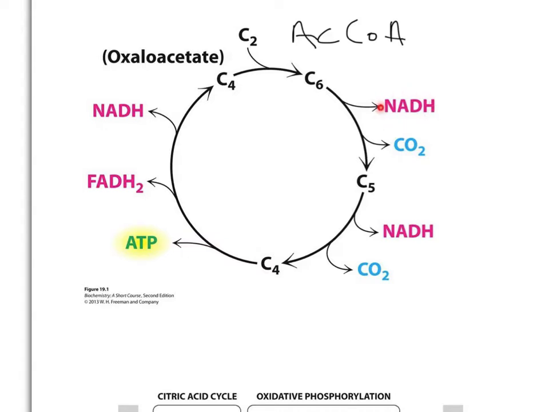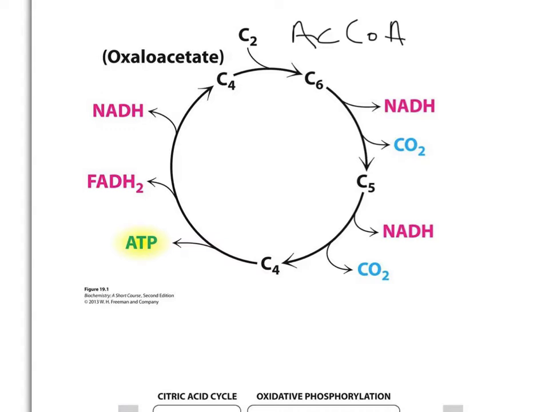You also get NADH made here, NADH, FADH. So we get 3 NADHs and 1 FADH2. That's just for one round of the Krebs cycle. Remember, there's going to be 2 rounds of the Krebs cycle for every glucose, because we split the glucose into 2 3-carbon molecules.